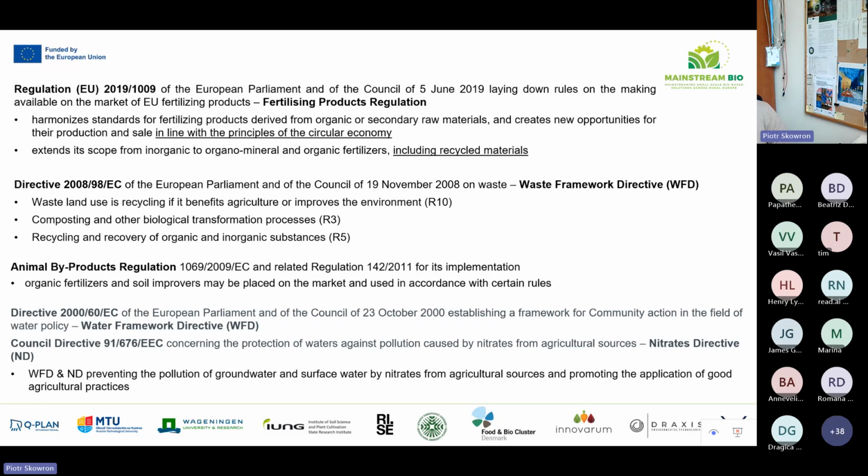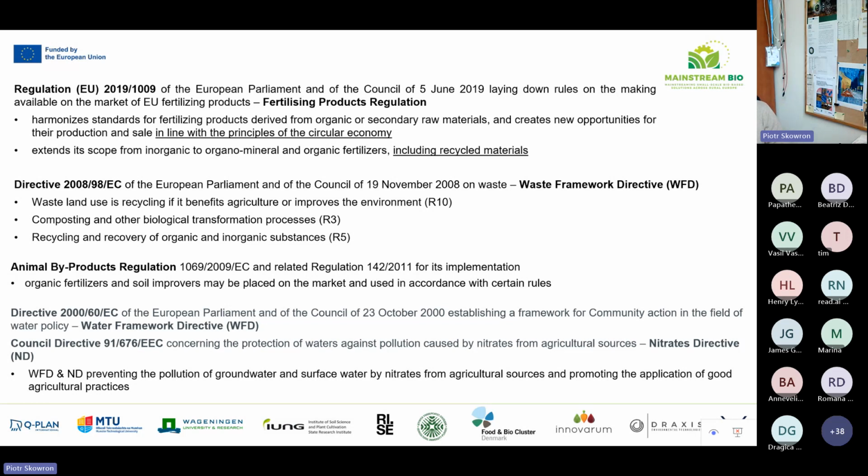For example, in the new Fertilising Products Regulation, inorganic and organomineral fertilizers are included.